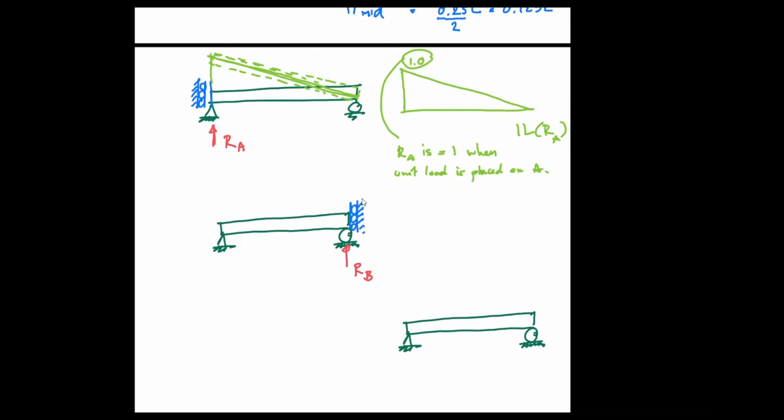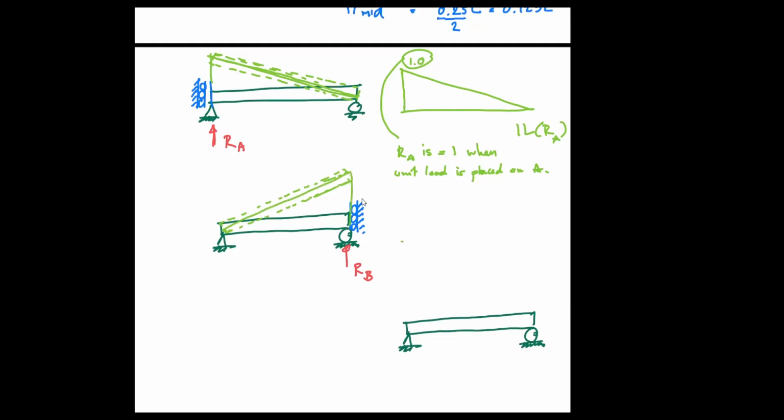It's like adding a roller in that direction. And as a result, the beam will move freely like this. Okay? And this becomes a deflected shape, and hence the shape of the influence line of RB.